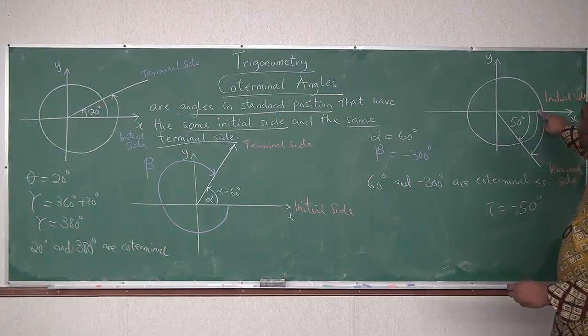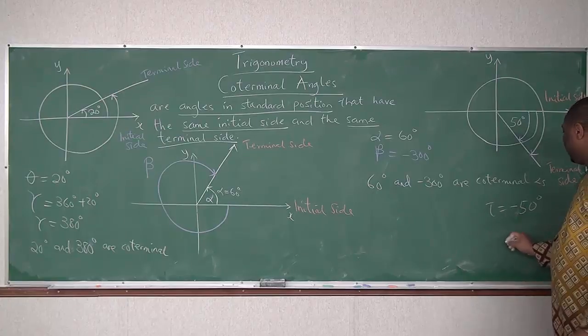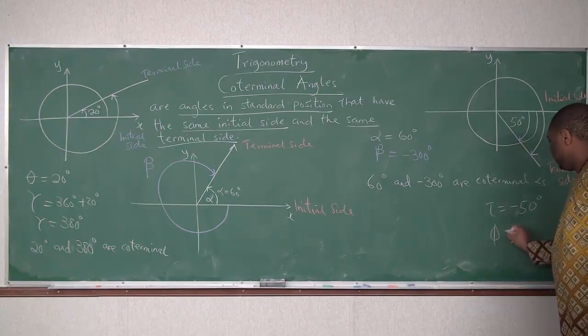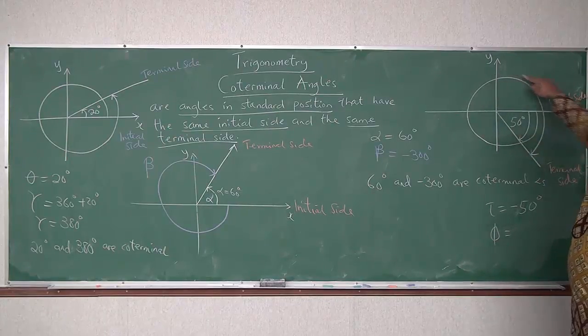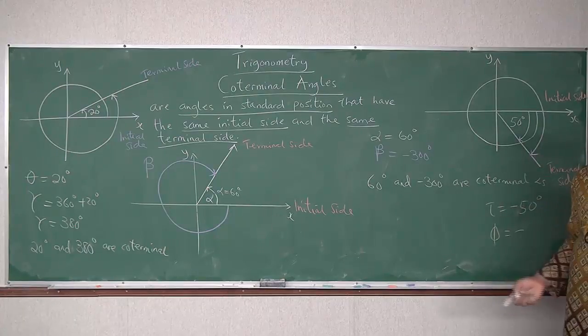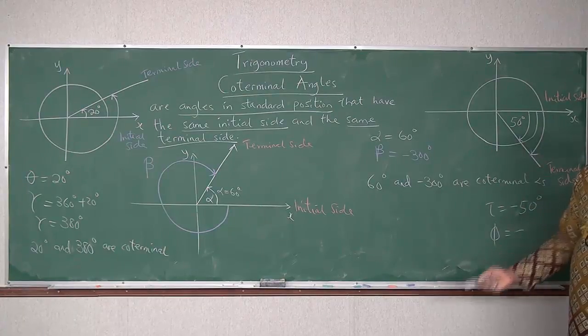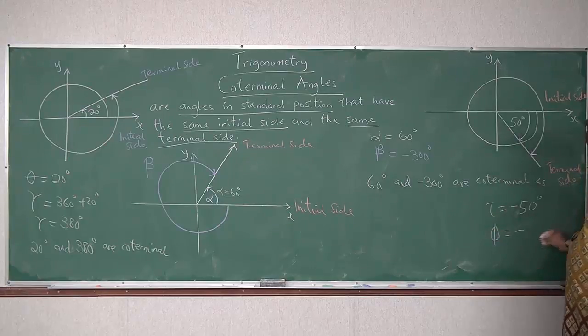Now, this is going to be negative. Let me call this a side. This will be one complete revolution, 360 plus 50, but it's going to be negative anyway because it's a clockwise rotation. So, 360 plus 50, 410 degrees.